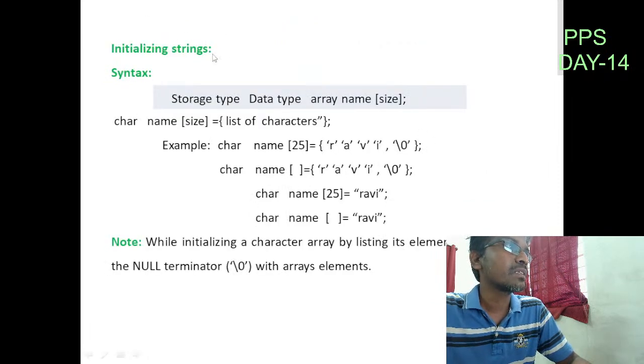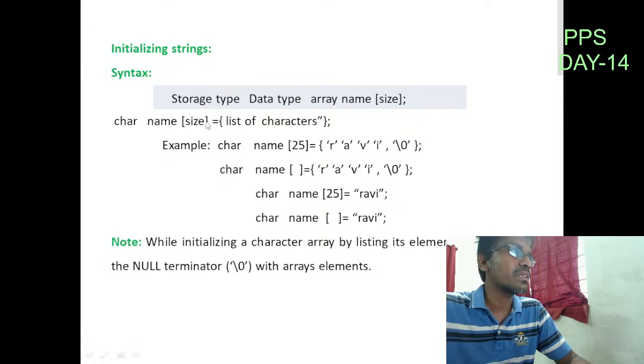Next is initialization of strings. How are we going to initialize strings? This is the syntax for initializing a string: storage type, data type, followed by the array name, equal to size. The syntax of initialization and declaration of a string or an array is common.